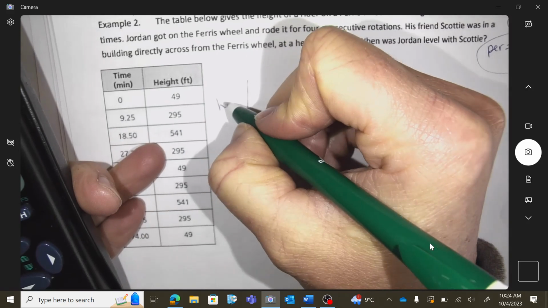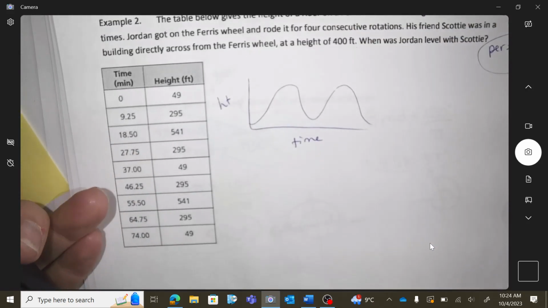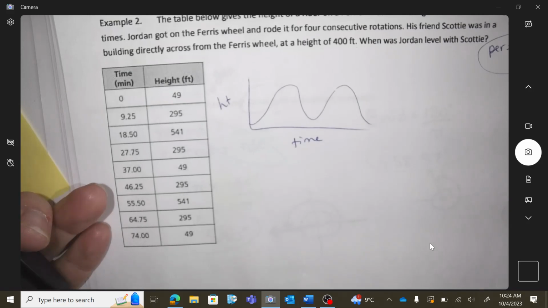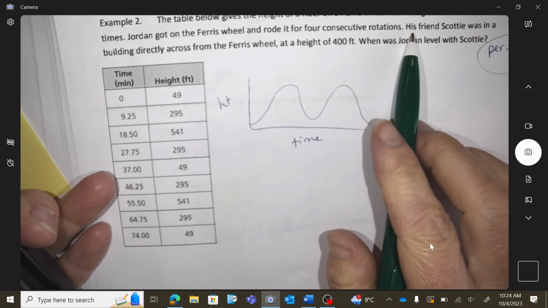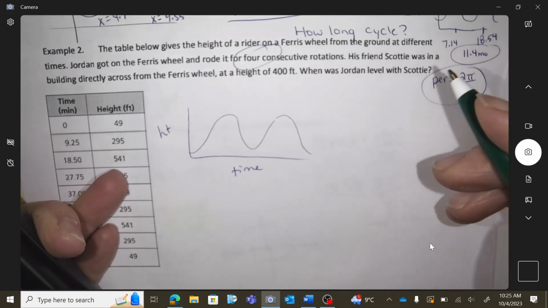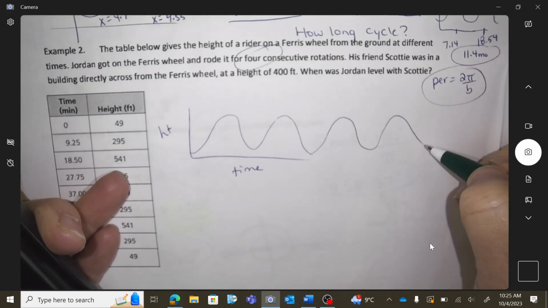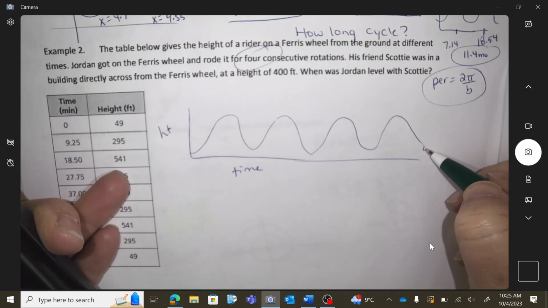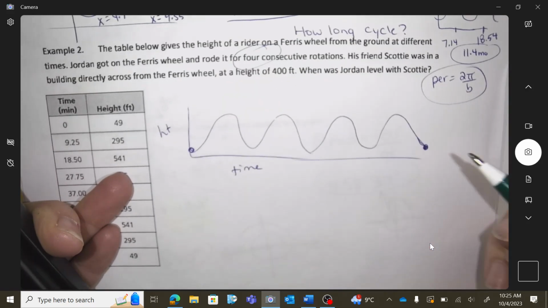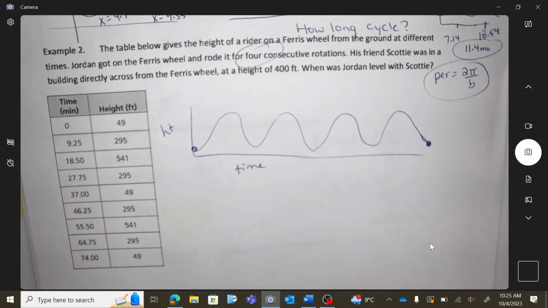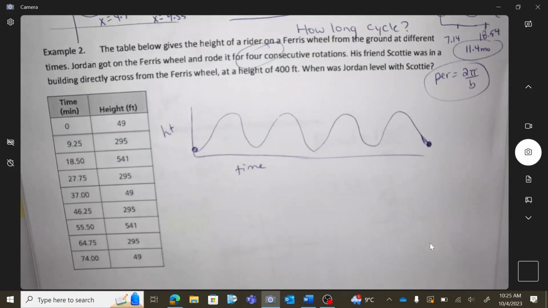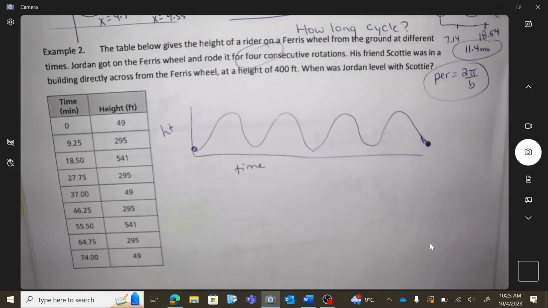Time and height. Okay, he went on it for 4 consecutive rotations, actually, so technically that's what you would have had, right? That's the whole thing that he did.